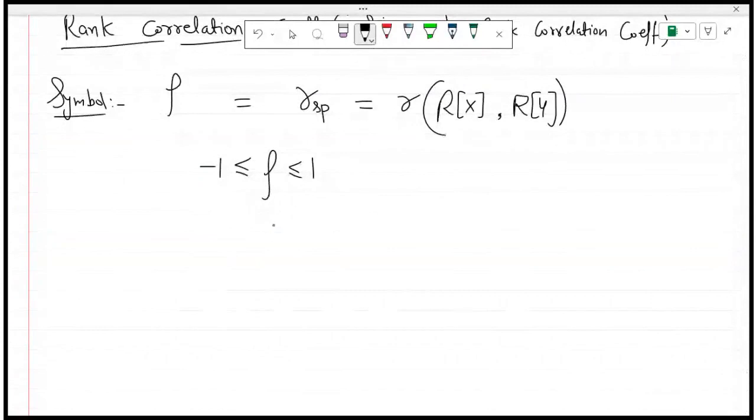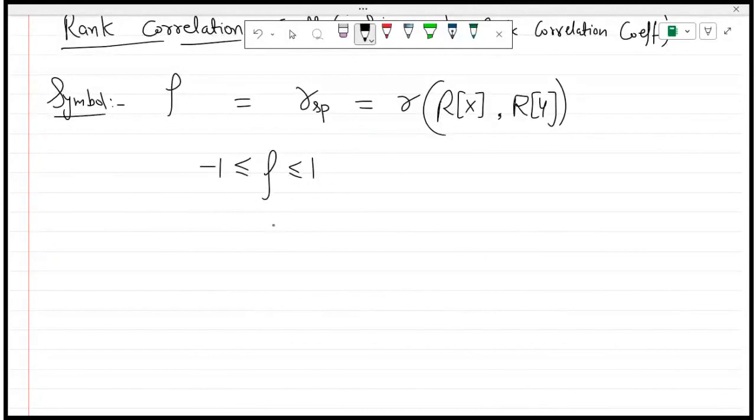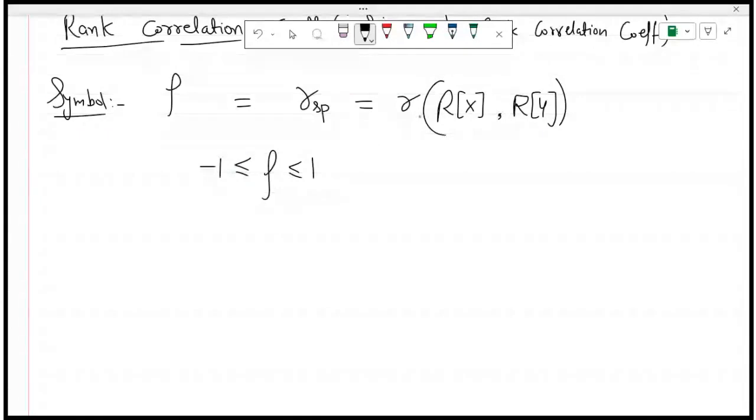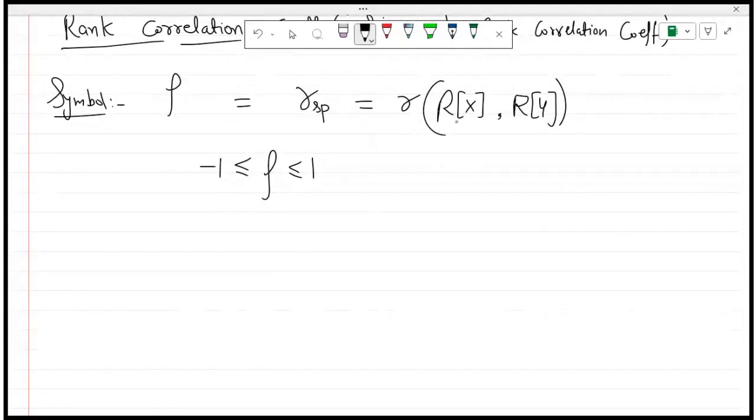Means ranks are starting numbers, due to which the formula for rank correlation coefficient is very simple as compared to the correlation coefficient formula. You can apply the correlation coefficient formula also to find the rank correlation coefficient, but that will be quite lengthy and complicated. Instead of this, we have a direct, simplified formula in the final form.